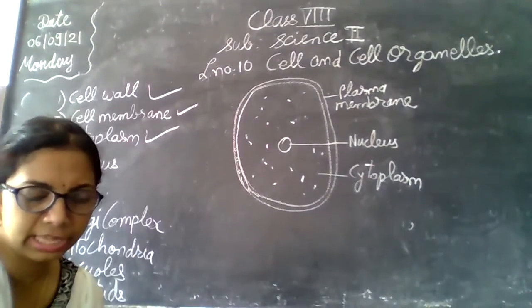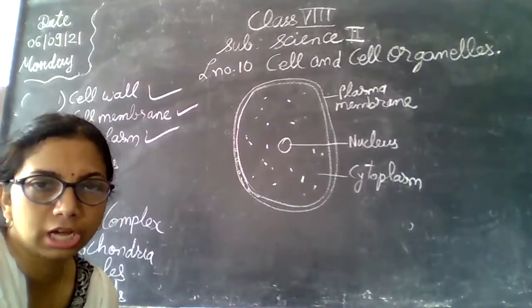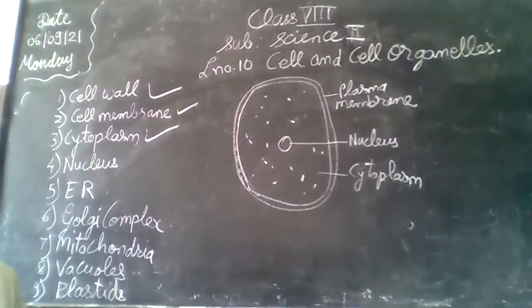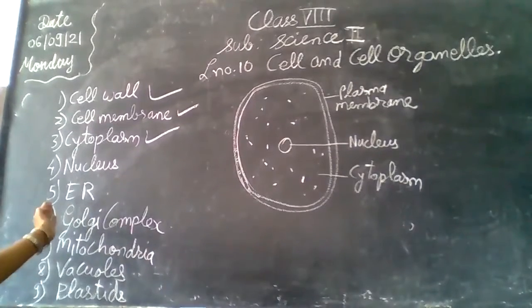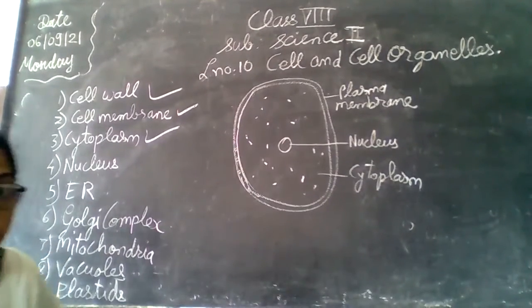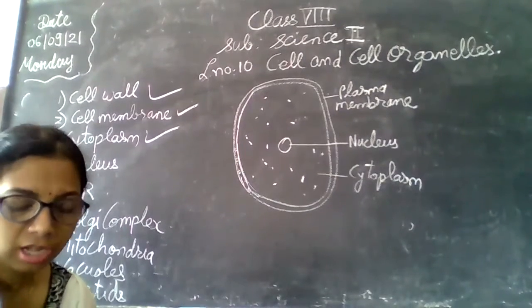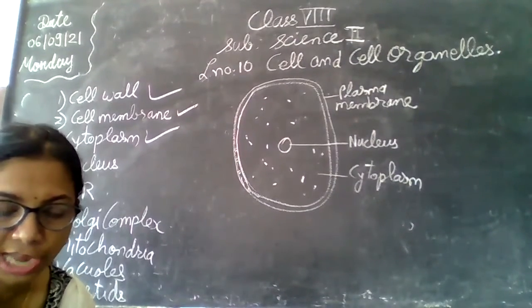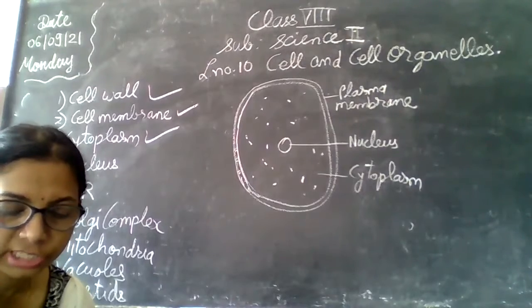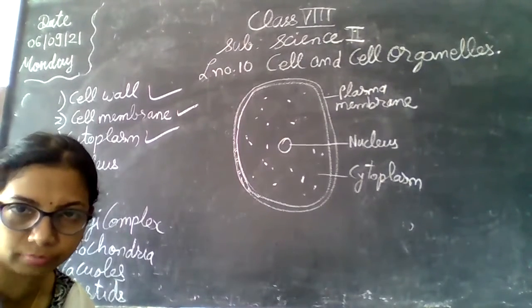Many cell organelles are suspended in this cytoplasm. All the other cell organelles, they could be endoplasmic reticulum, Golgi complex, mitochondria, vacuole, plastid, whatever they will be, are suspended or embedded in this cytoplasm. It is the medium for cellular chemical reactions.